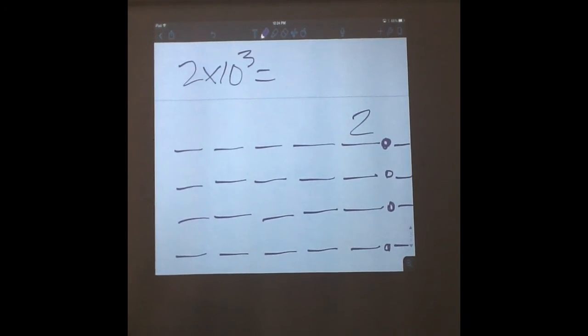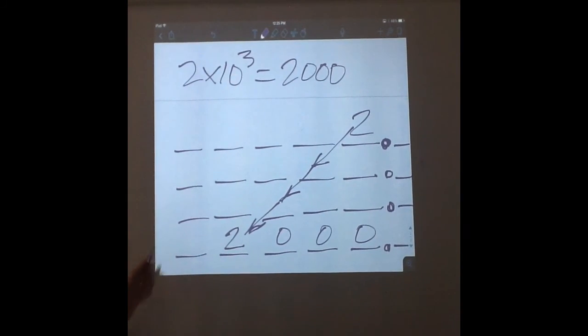Let's see if it works. 3 times. 1, 2, 3. So I put my 2 here, and then I fill the rest in with zeros. So did I get 2,000? Yep. Wow. So my shifting method works on this problem even with an exponent, doesn't it?